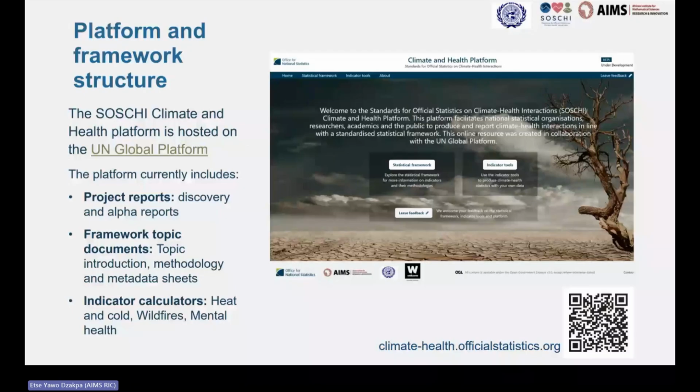And this platform also contains the guidance on how to clean your data and how to prepare your data to input them in the platform. So we have the introduction documentation, the methodology document, and the metadata sheet that will guide users so that they will be able to use the platform to have the annual report of how climate is affecting malaria in their specific area.